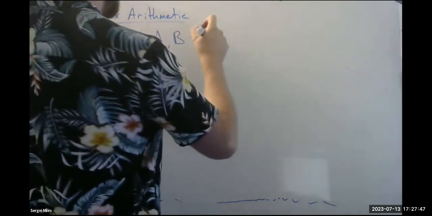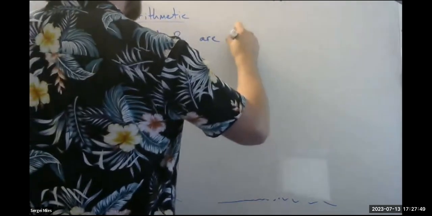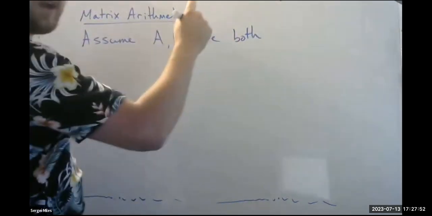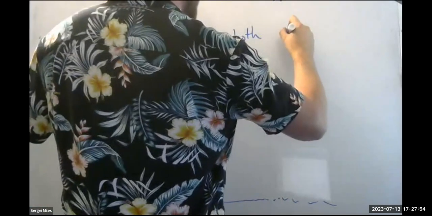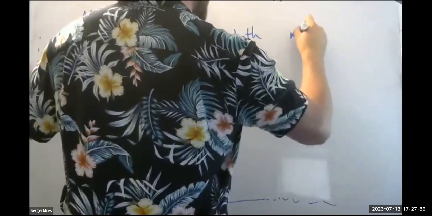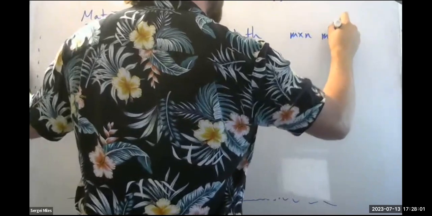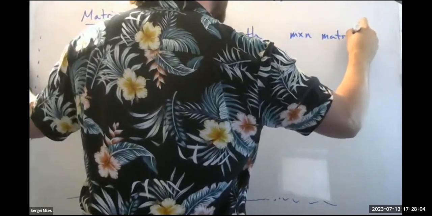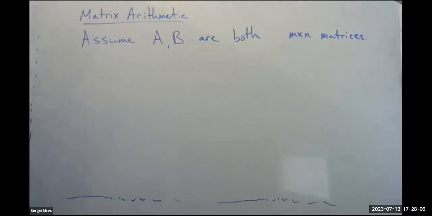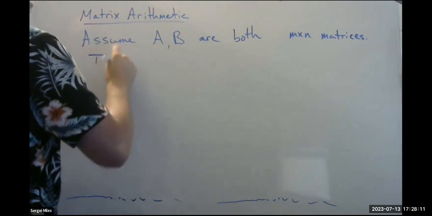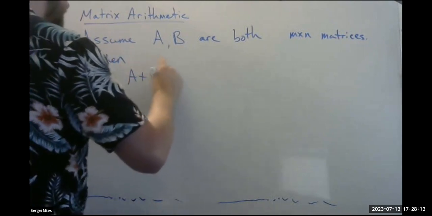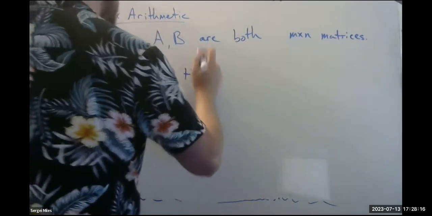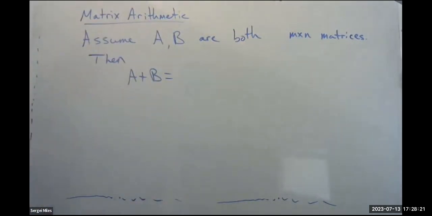Let's assume A and B are both M by N matrices. They're both M by N matrices. Then A plus B is simply, so notice these are the same size matrices.